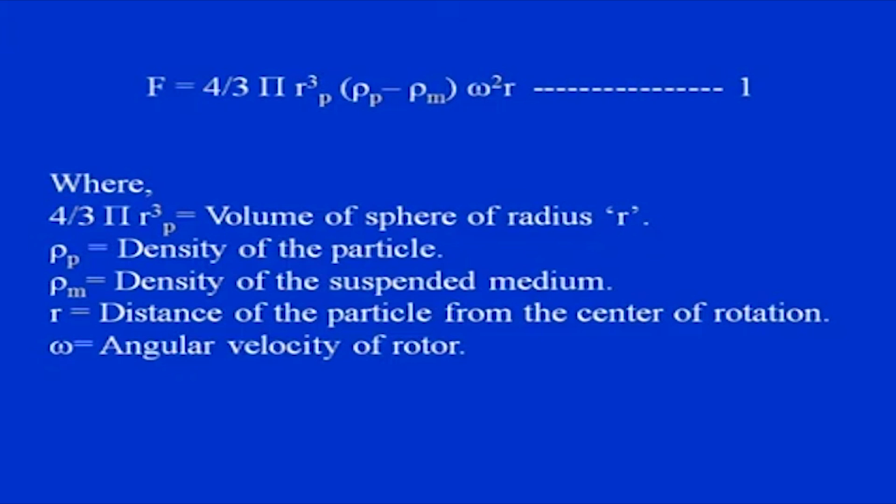And then for correcting for buoyancy, rho p is the density of the particle and rho m is the density of the medium, so rho p minus rho m is also taken into account. So, this is the force experienced by a particle of a particular mass, or volume into density.